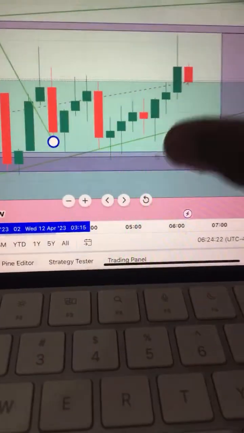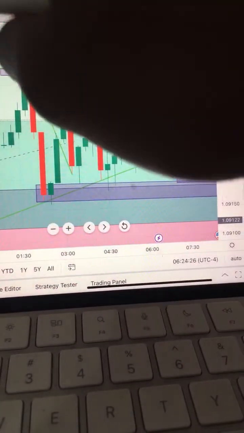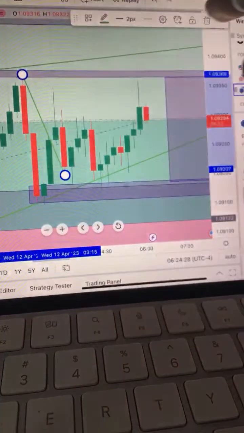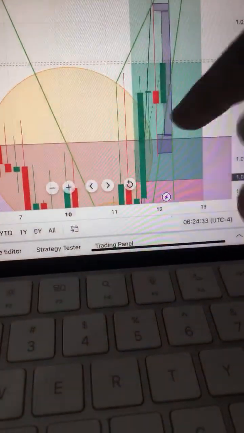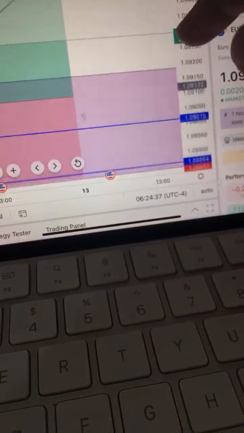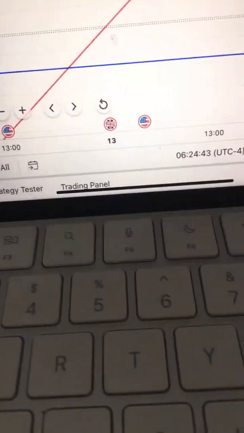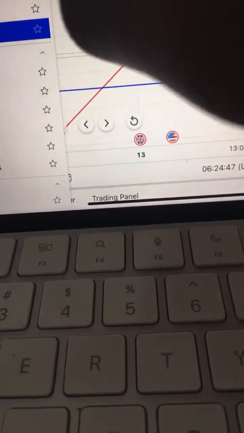If it does break this resistance and support from H4, then I will buy. But for now, at the moment, I'm still waiting for CPI.